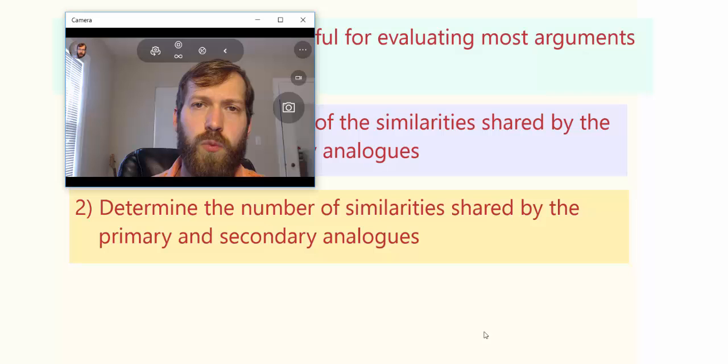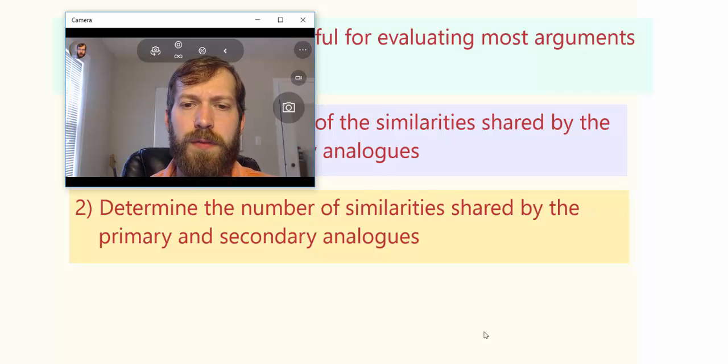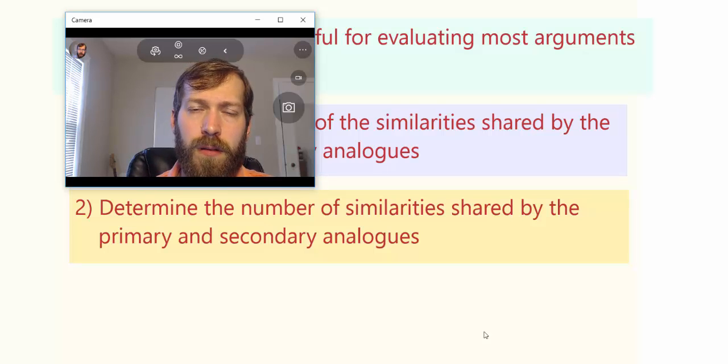All right, we also want to look at the number of similarities shared by the primary and secondary analogs. As the number of similarities increases, we're getting more and more evidence that these things, whether they're events or objects, etc., belong to the same type or the same kind. And things that belong to the same type or kind often share a great deal of characteristics with each other.